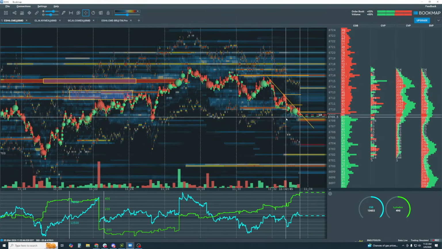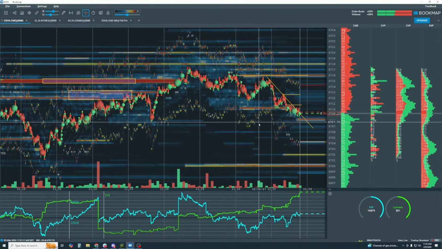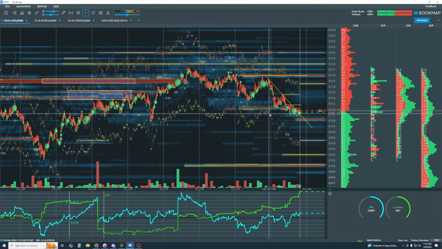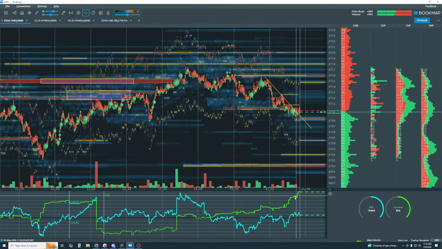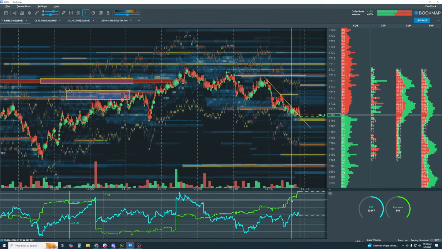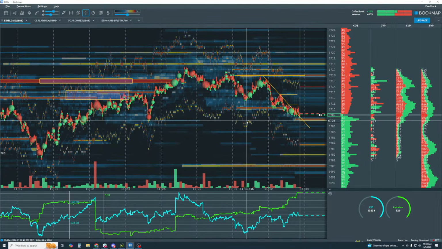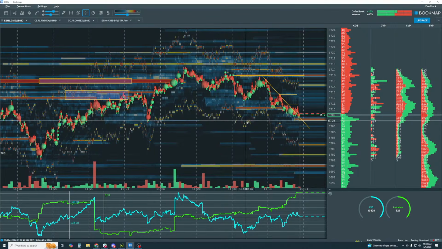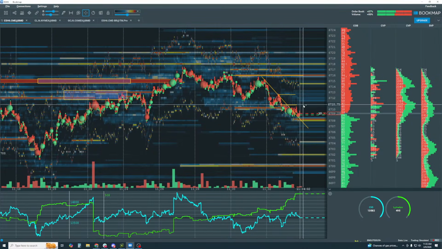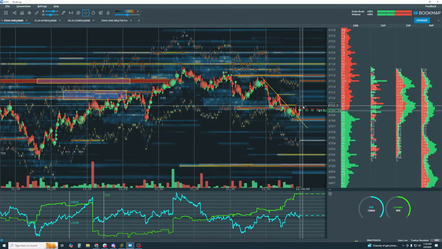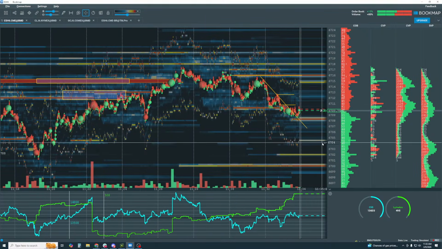The stop runs I like a lot. Also the accumulation. See, look at this, this isn't bad. I like seeing this. There's some accumulation from larger players down here. Now I've got to see it break this 11 here on buy volume. I've got to see it.